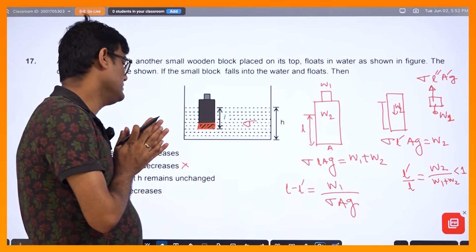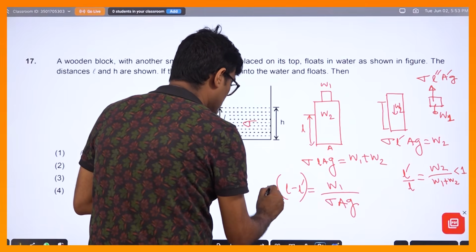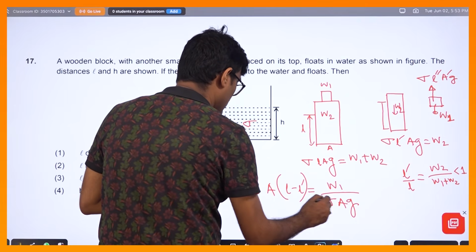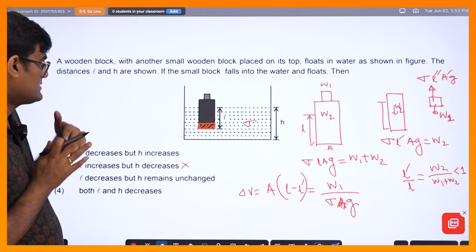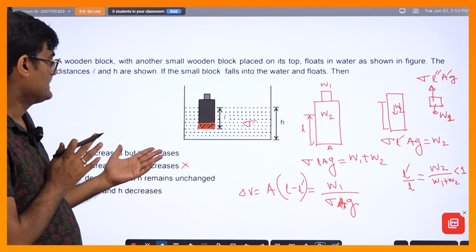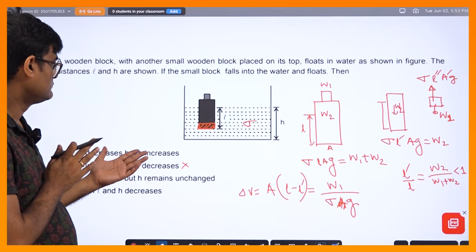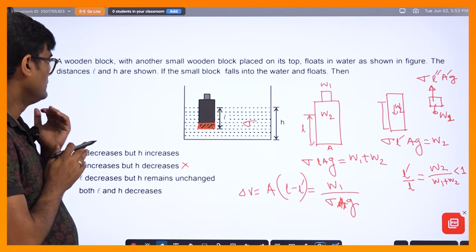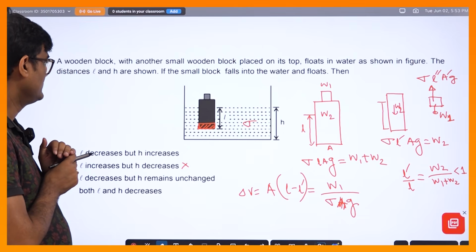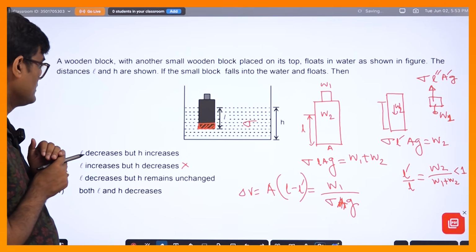So this much into A, if you see, this much is the delta V, right? W1 by sigma G is the delta V that is released, right? This much delta V is released.